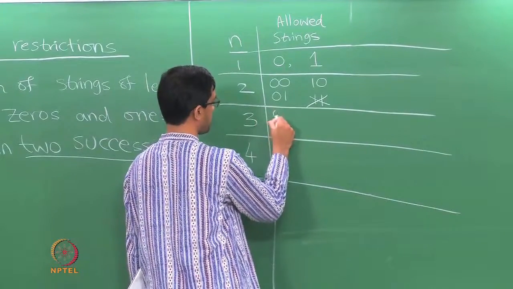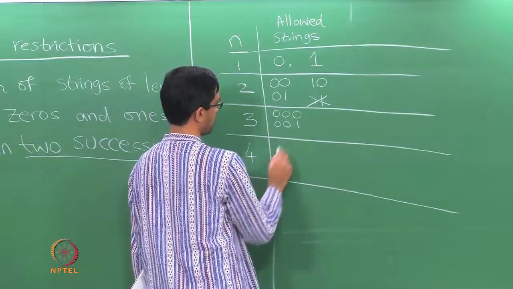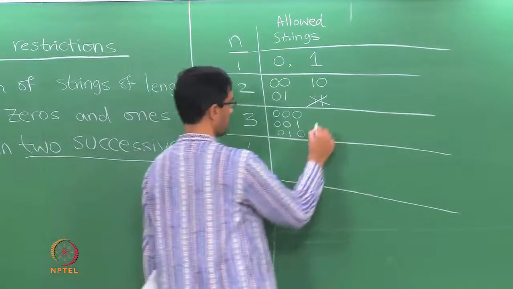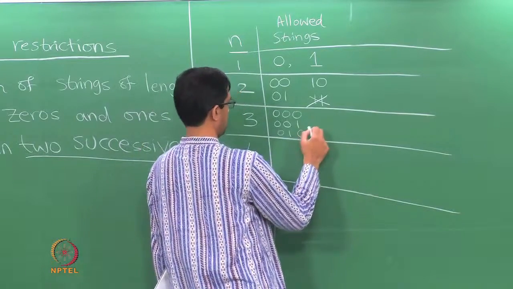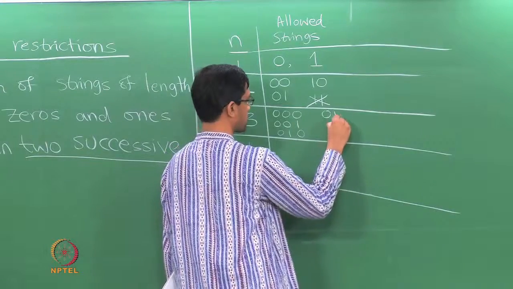n equals 3, string of length 3, you can have all three zeros. You can have 0 0 1. Let us see, I can have 0 1 0. Now maybe I will write all of them down and we will get rid of the ones that do not satisfy the constraint.